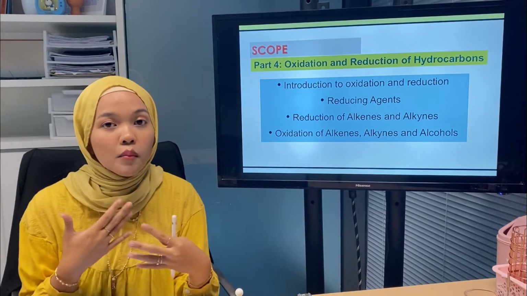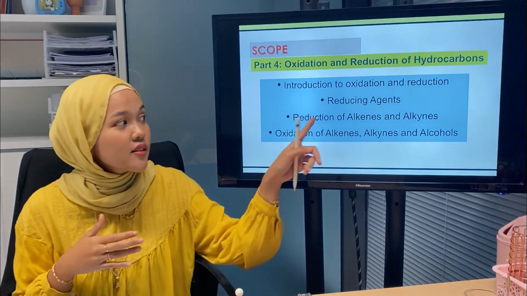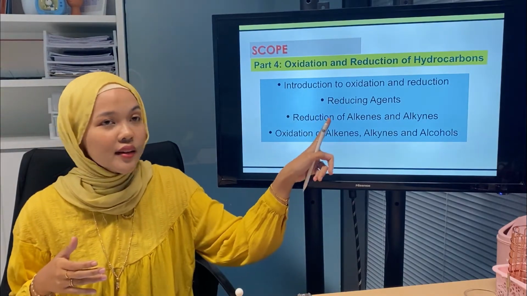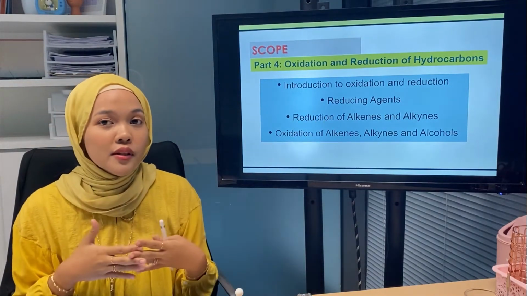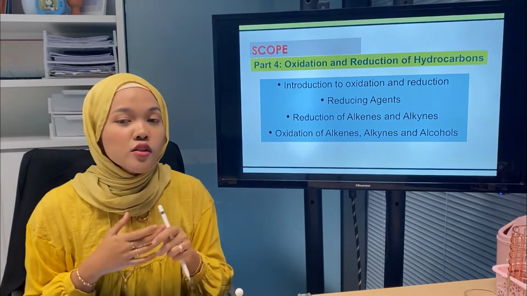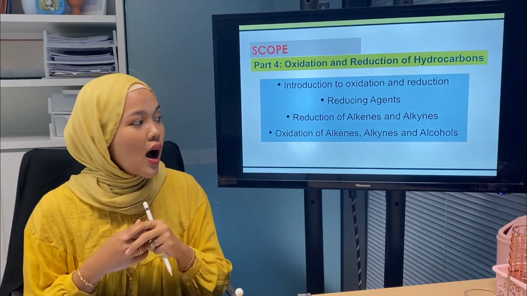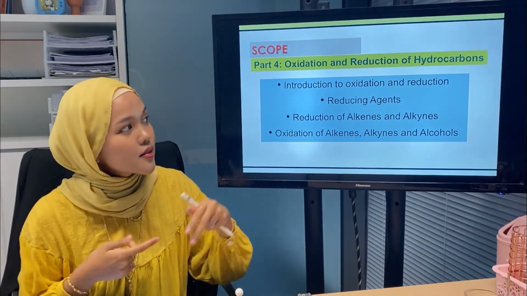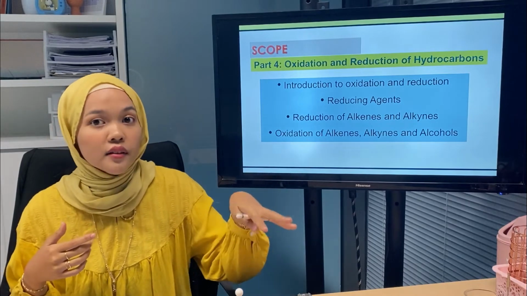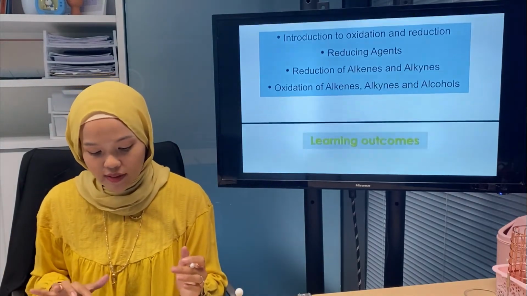When we talk about reduction, of course, you must have the reducing agent, so we are going to learn this together. After we learn about reduction, we move to oxidation. For oxidation, we will focus more on the oxidation of alkenes and alkynes because we are in the topic of hydrocarbons. Okay, so let us move on.